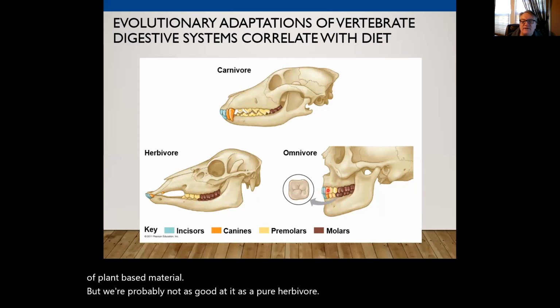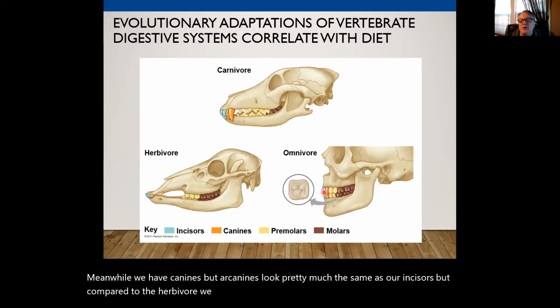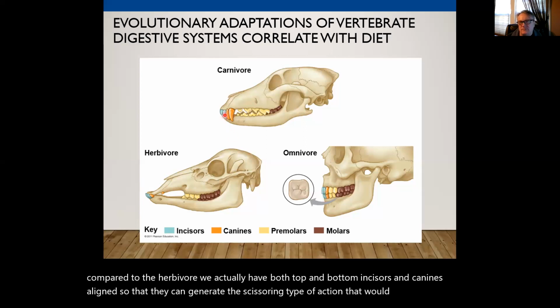Meanwhile, we have canines, but our canines look pretty much the same as our incisors. But compared to the herbivore, we actually have both top and bottom incisors and canines aligned so that they can generate the scissoring type of action that would be seen in a carnivore.